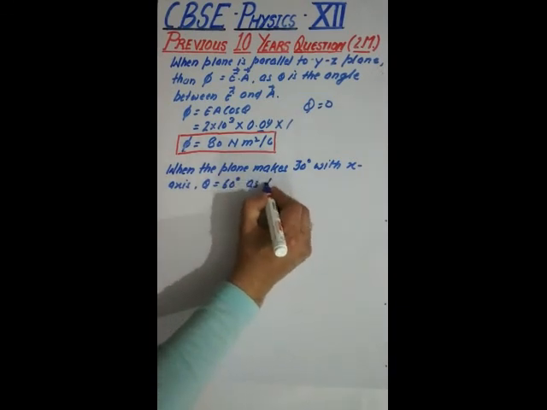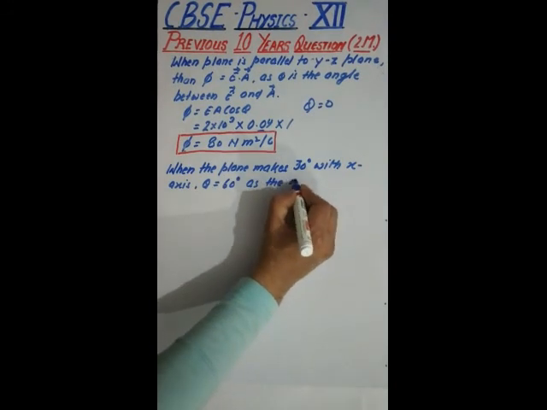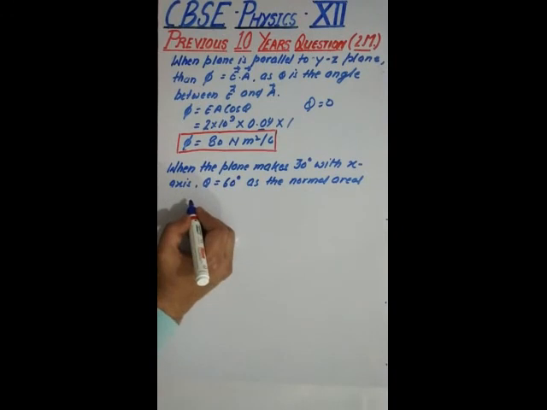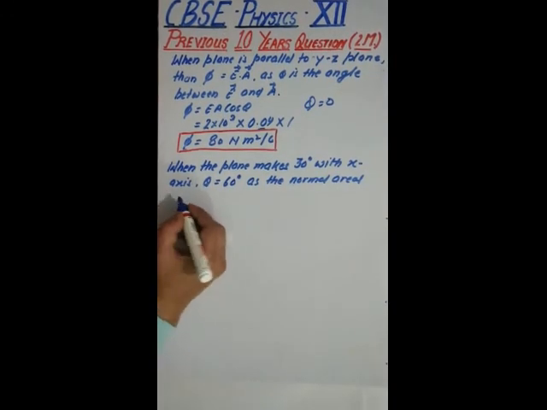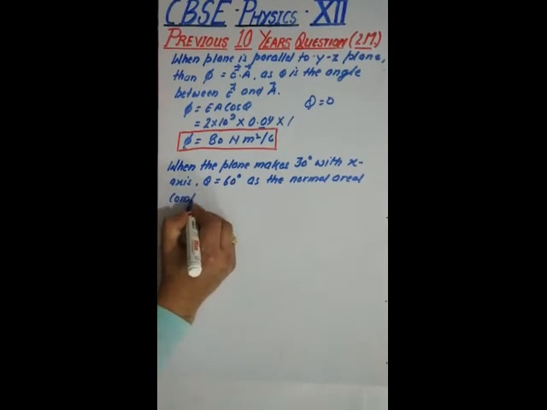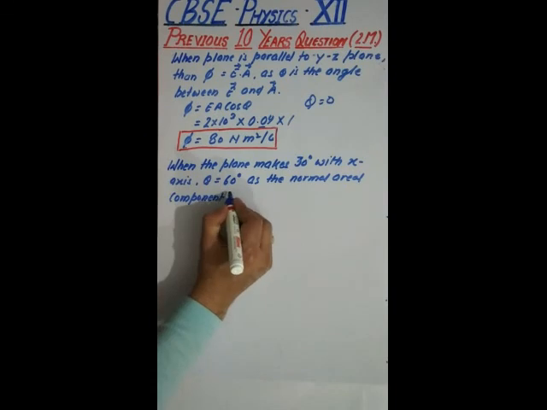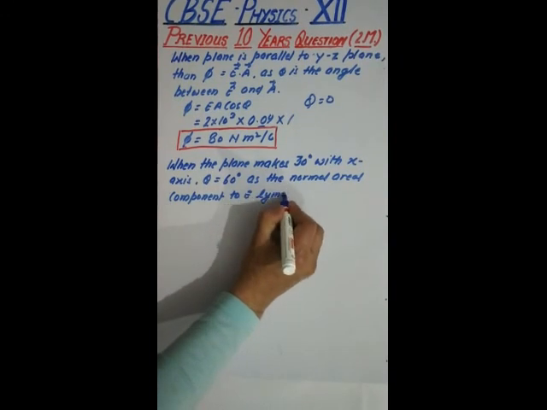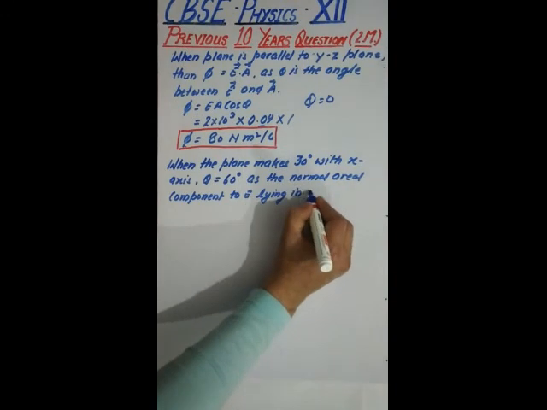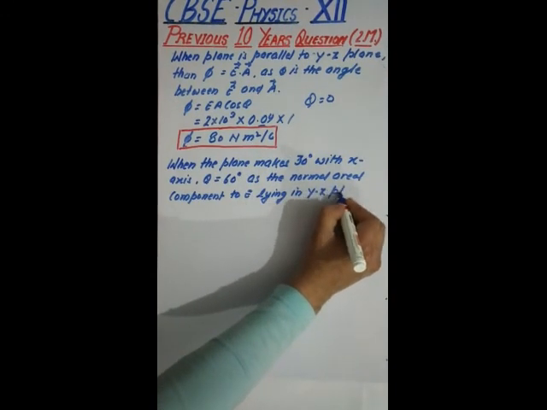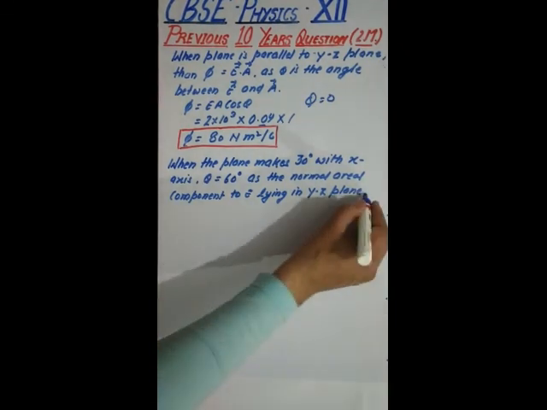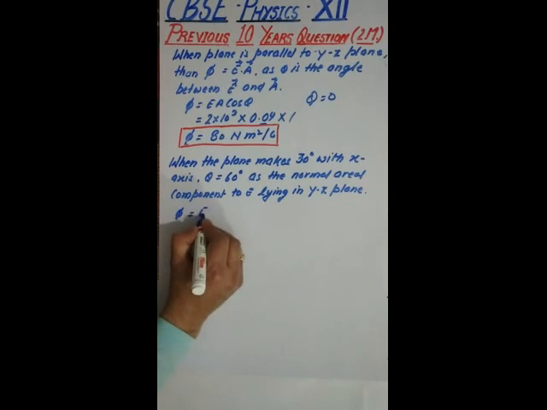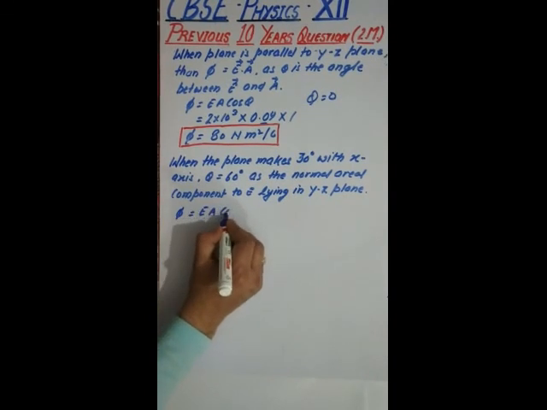As the normal, the area vector, is normal to the plane lying in the YZ plane, so flux will become EA cos theta.